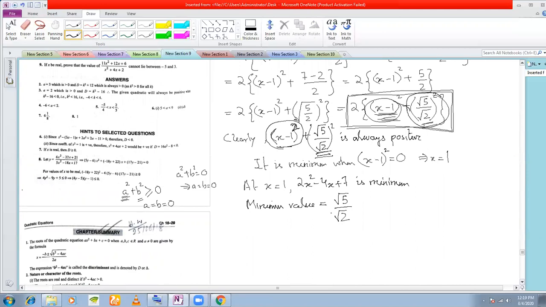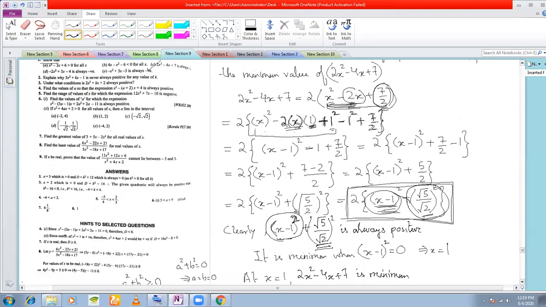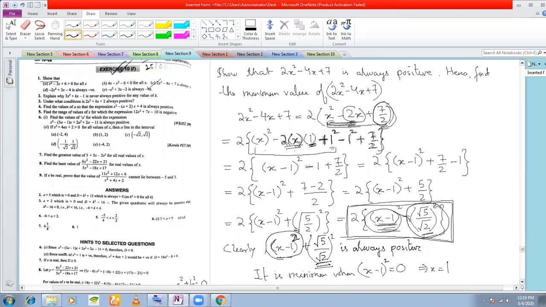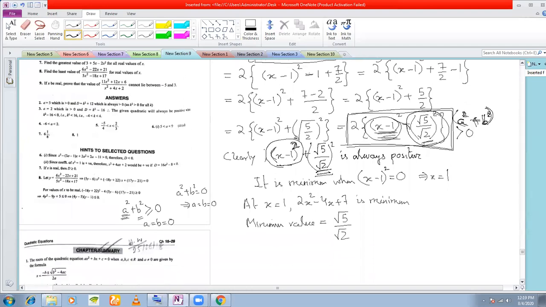Did you understand this problem? What I did was that I expressed this expression in the form A square plus B square. My question was so that it is always positive. And this is always positive, right? This expression is always positive because I have a square and I have a square.